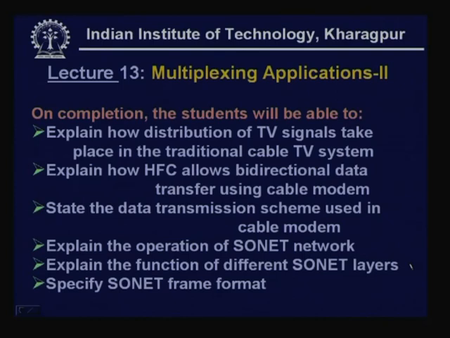They will be able to state the data transmission scheme used in cable modem, and so far as the second application of multiplexing is concerned, they will be able to explain the operation of SONET network. They will be able to explain the function of different SONET layers. As we shall see, there are 4 different layers in SONET network, and they will be able to specify the SONET frame format.